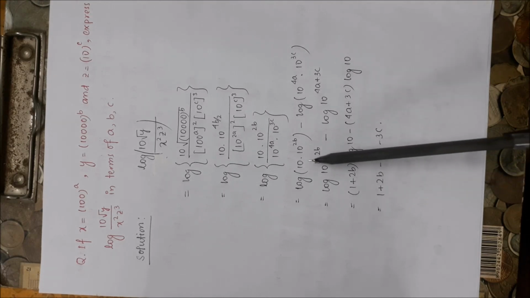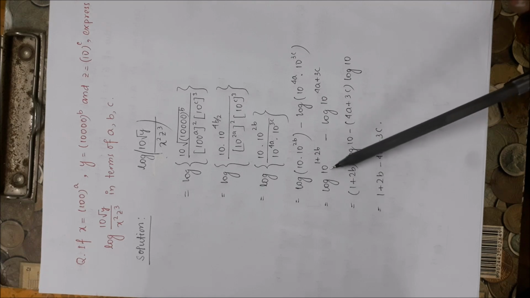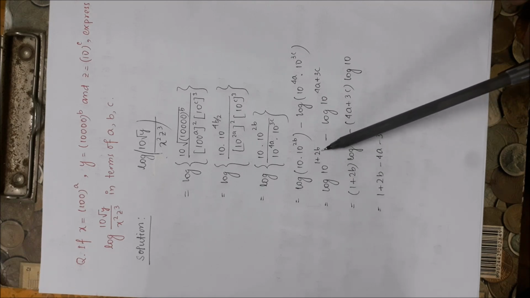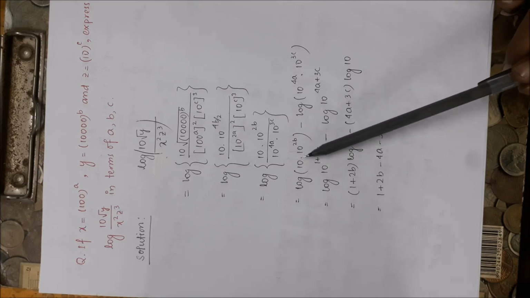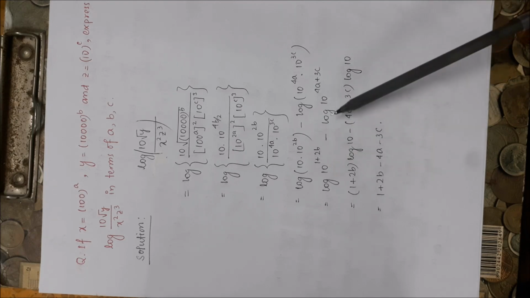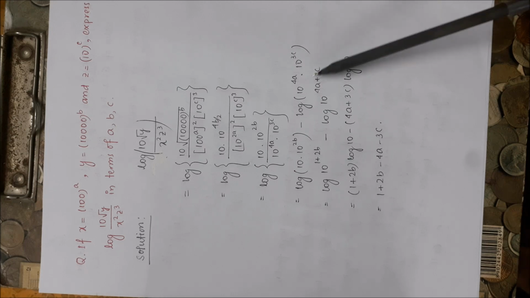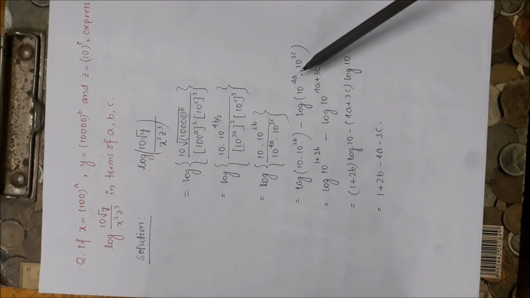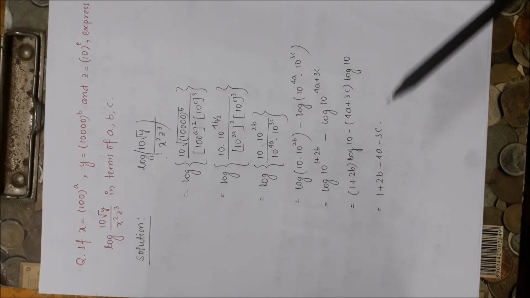Now if you are using the laws of exponent here, we will get log 10 to the power 1 plus 2b. Here we are using the property a raised to m into a raised to n equals a raised to m plus n, minus log 10 raised to 4a plus 3c using the same rule, a raised to m into a raised to n equals a raised to m plus n.